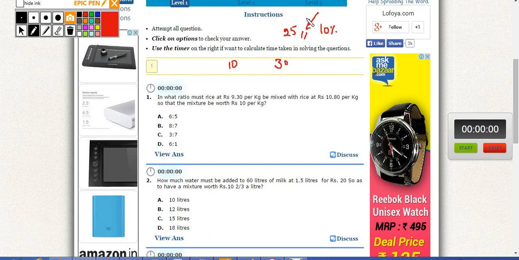Okay, that's your present scenario. So what's going to be the ratio in which you're going to mix these two rices? Thereby you sell the mixed rice for 25 rupees, and in that you earn 10% profit.